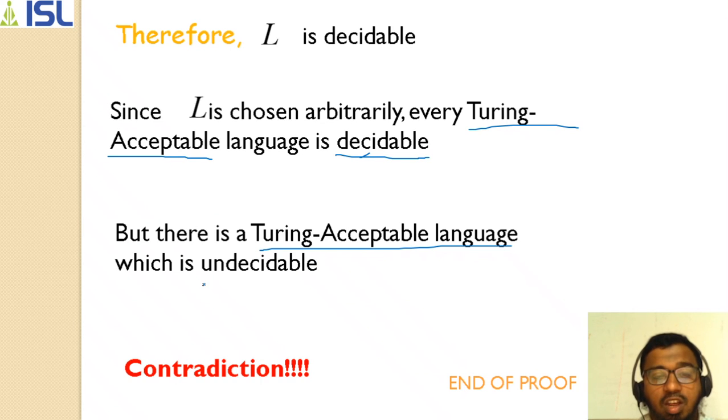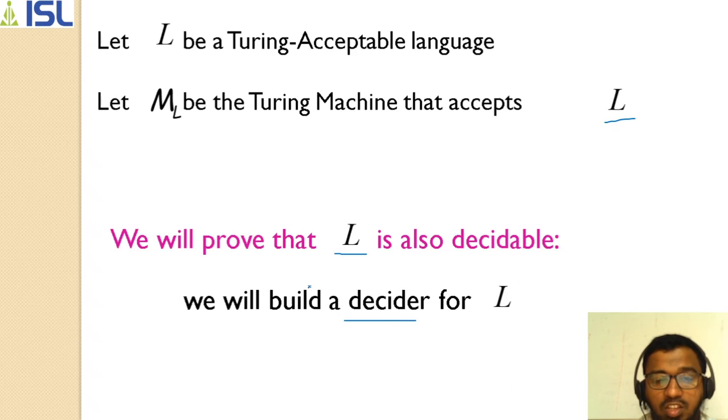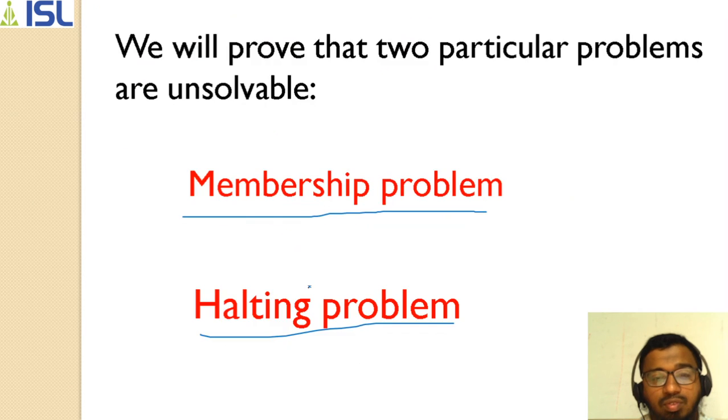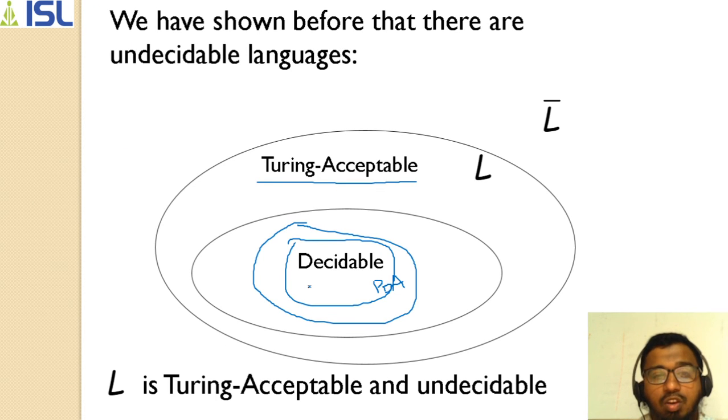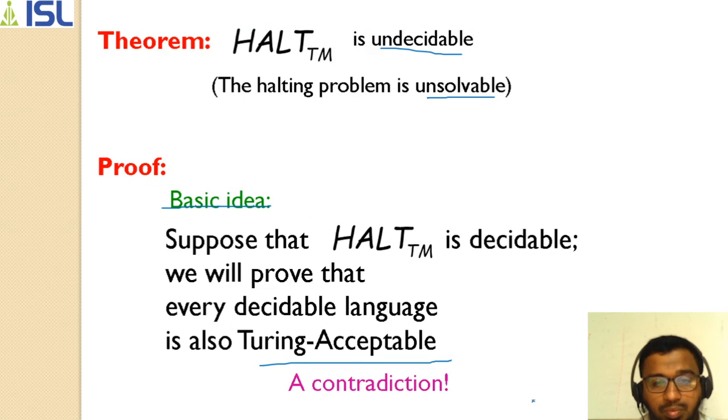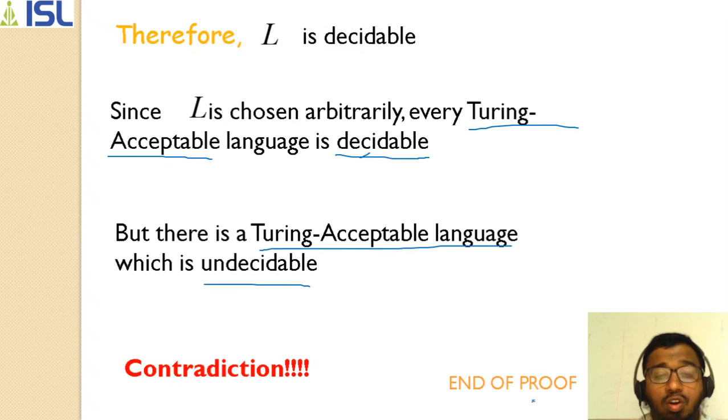If we see this graph, this circle, this looks like a contradiction. But there is a Turing acceptable language which is undecidable, while here we are saying a Turing acceptable language is decidable.